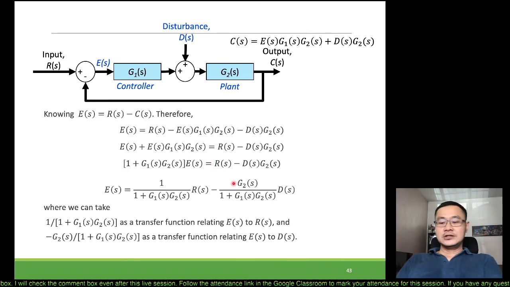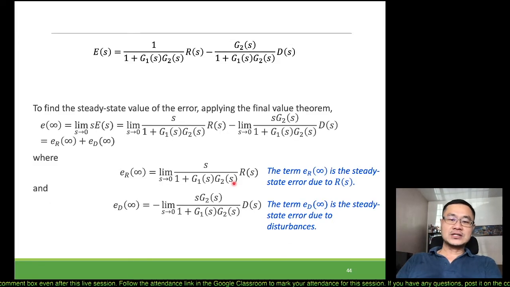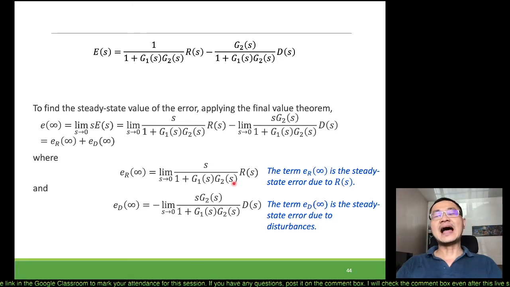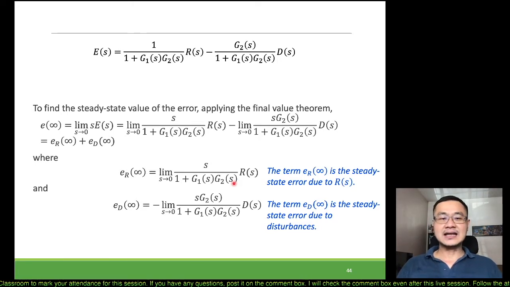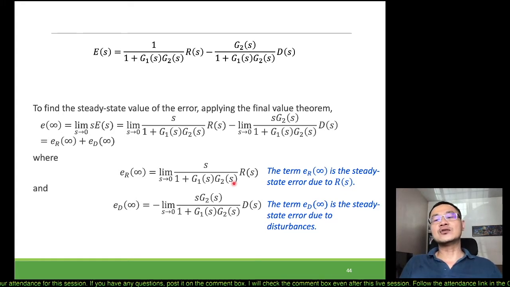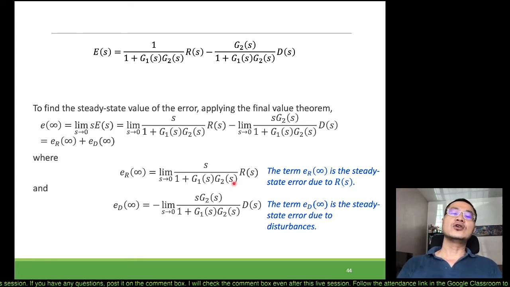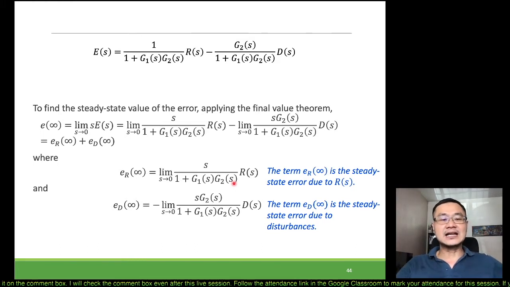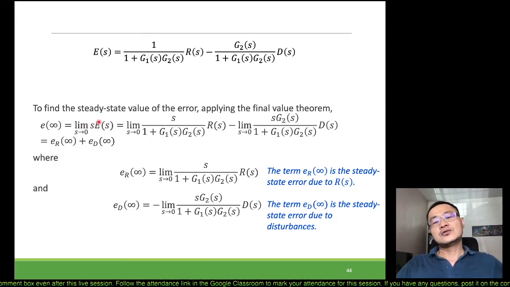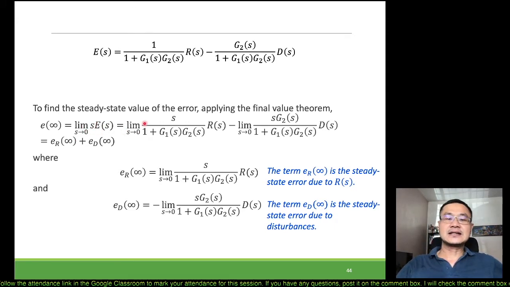Now based on these two terms, in order to get the steady state error, again we take the time towards infinity, and in that sense, using the final value theorem, s should approach 0. So we have the limit as s approaches 0 of sE(s), given as such.